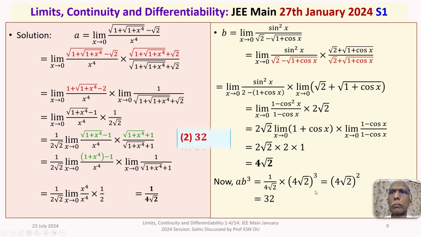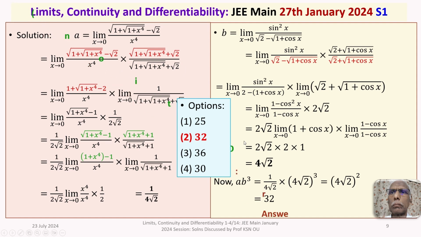Let's look at our options. Our answer 32 appears against option 2. The answer to this question is option 2. That is the detailed discussion of the solution of the given problem. It is definitely an easy question.